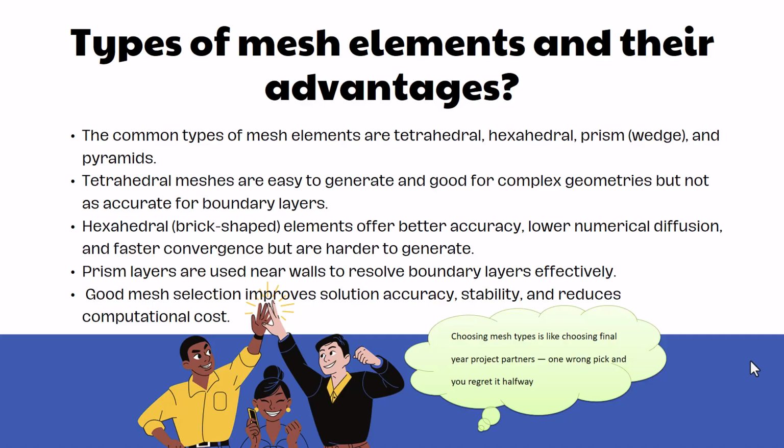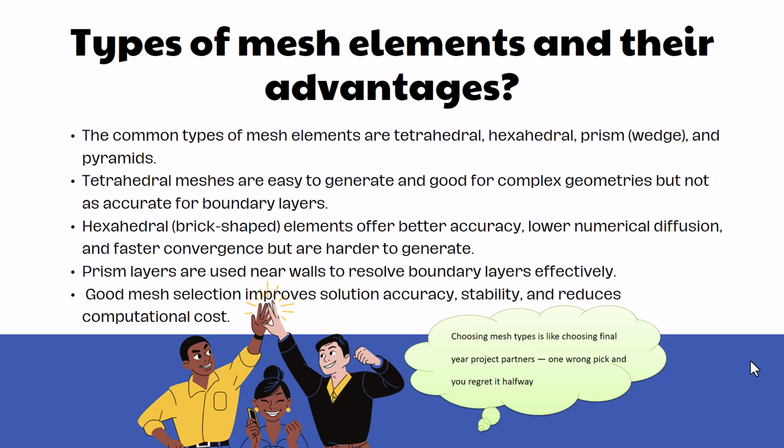Mesh is a very important parameter, where we simulate our real life problems in CFD. The types of mesh elements are tetrahedral, hexahedral, prism and pyramids. Tetrahedral meshes are easy to generate, and when our geometry is very complex, tetrahedral mesh is preferred.